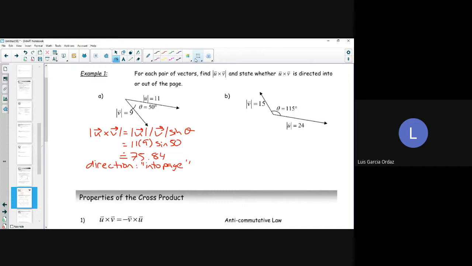So therefore, u cross product v is equal to approximately 75.84 units into page.